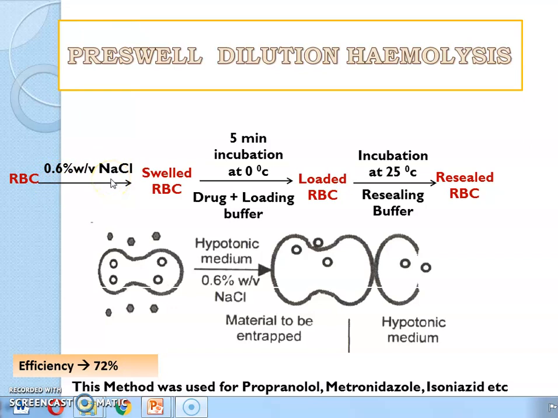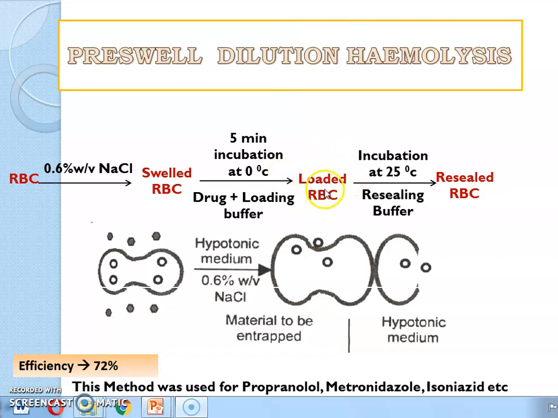When these RBCs are placed into the hypotonic solution, they swell and there is an increase in permeability. Then these RBCs are placed into the drug solution at 0 degrees Celsius for 5 minutes, where the drugs permeate into the RBCs and get loaded.